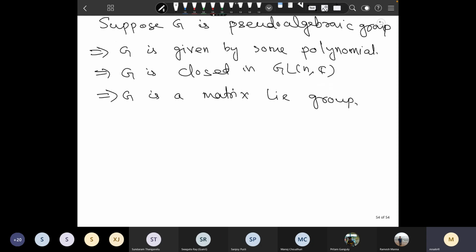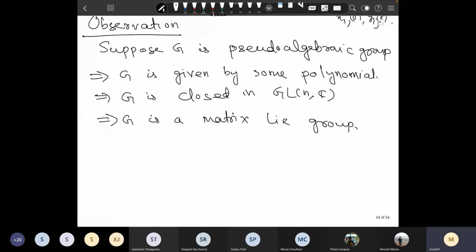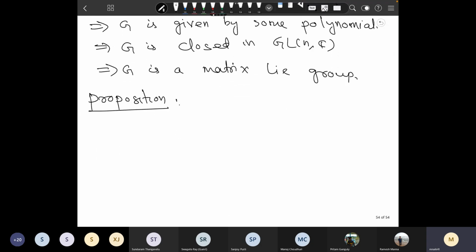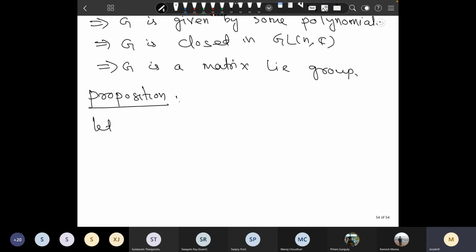Okay. So now one important thing, proposition. Let G be a pseudo algebraic group.